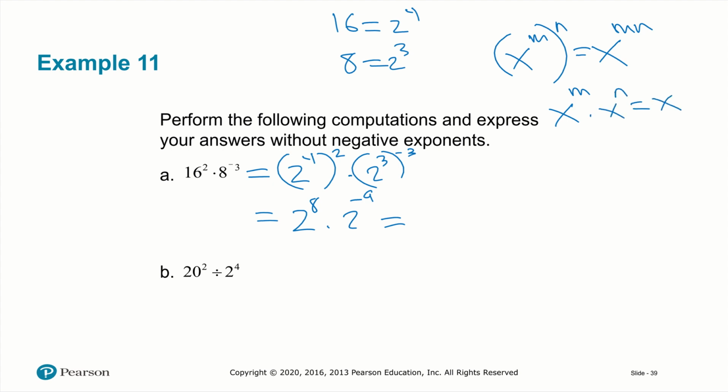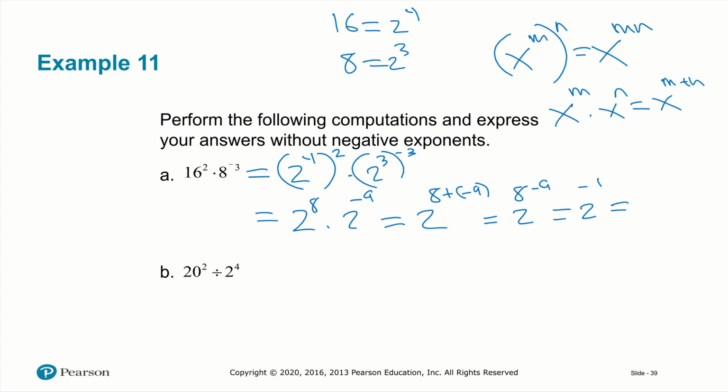So of course we can now use the product rule, which says x to the m times x to the n equals x to the m plus n. Remember the first rule that we learned. So we get 2 to the power of 8 plus -9. Of course, 8 plus -9 is just 8 minus 9, which is -1. So 2 to the -1.